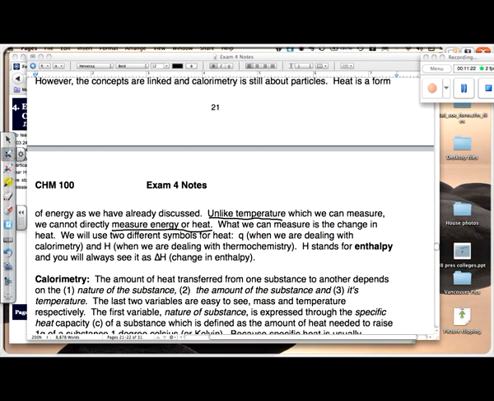So we have two different symbols for heat. Remember, heat is energy. Q, which we're going to use when we talk about calorimetry, so no chemical reaction. I'll qualify that in just a moment. And then H, when we are talking about chemical reactions, and we call this enthalpy.